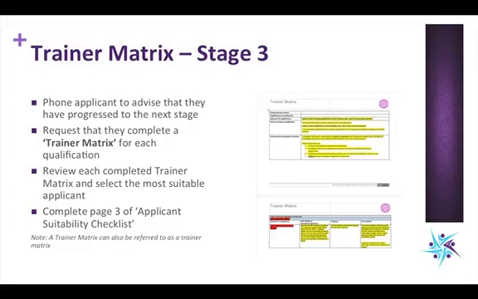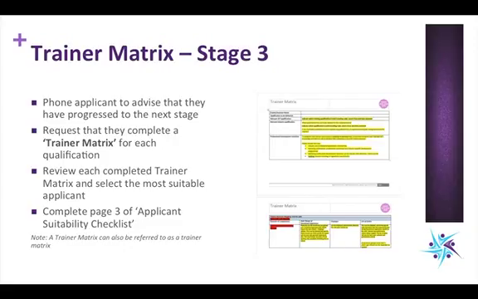Most trainers and assessors are used to having to complete a trainer's matrix or a staff matrix, and they may already have one that they completed for another RTO. So that's quite fine using that. You can use the one that they used at another RTO. At least you've got one staff matrix that you can go through. And then you can check, do they have all the qualifications and experience against the performance criteria of each unit or the qualification.